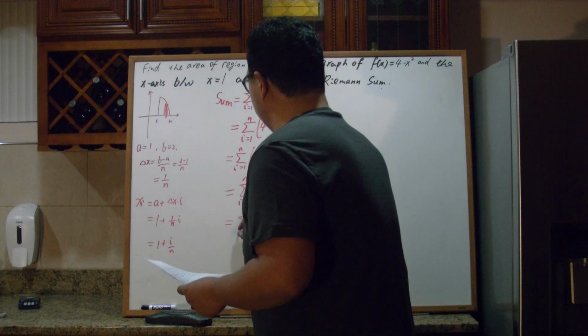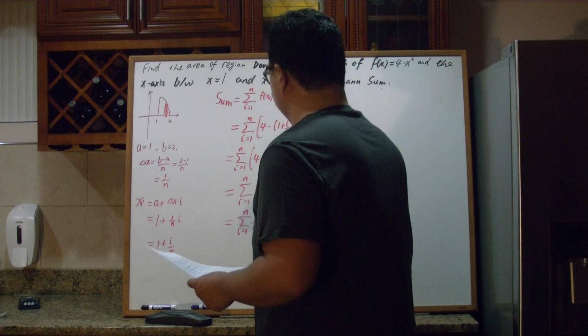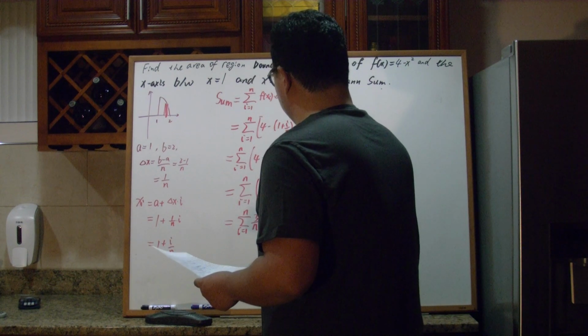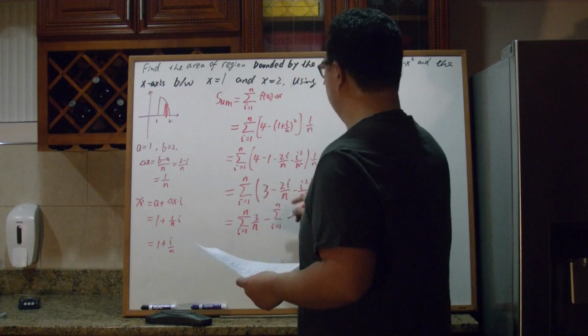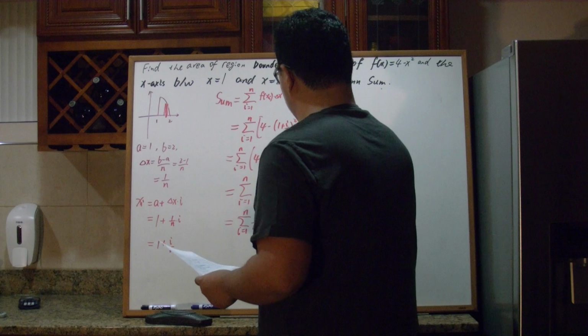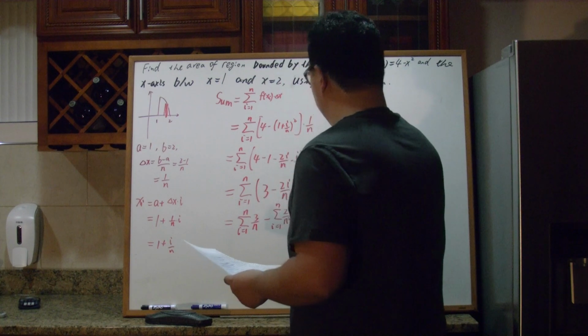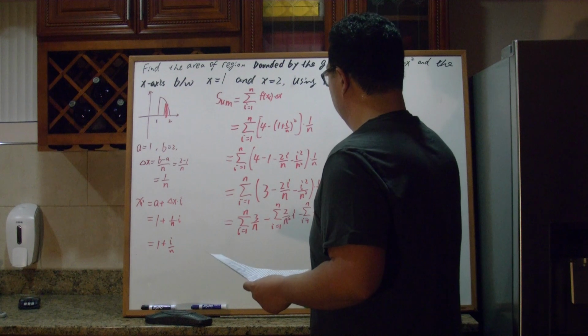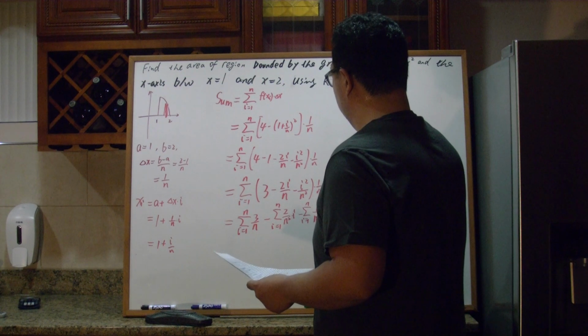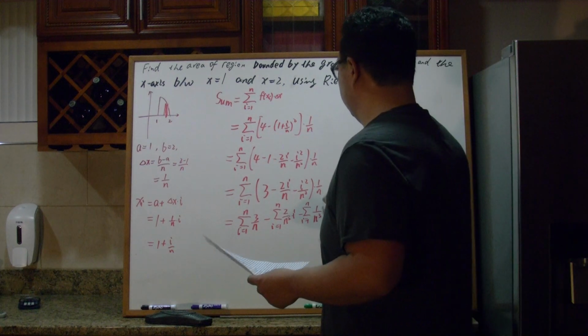which is the sum of 3 over n, the sum of 2i over n squared, the sum of i squared over n to the third.